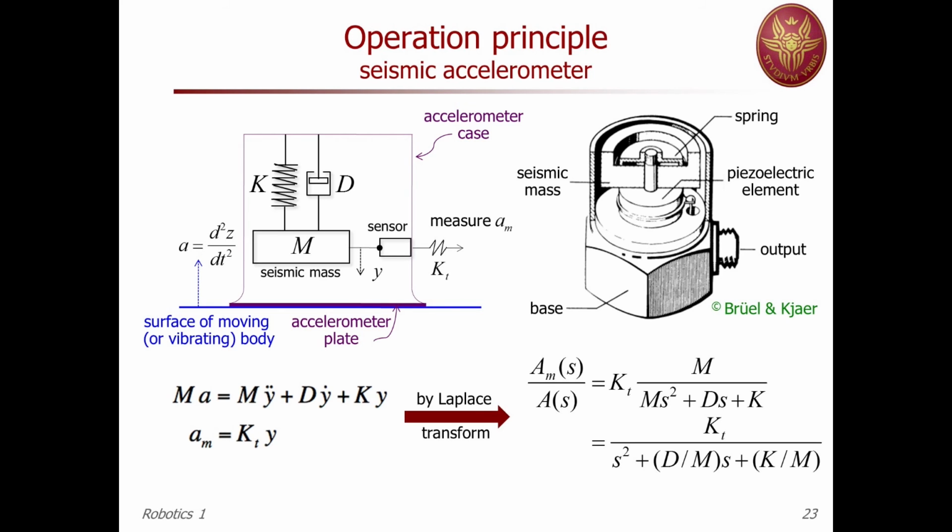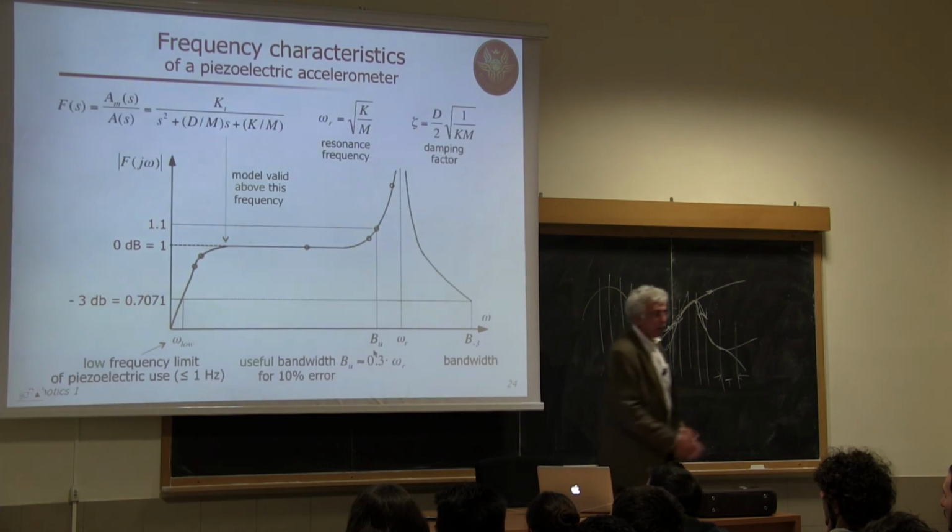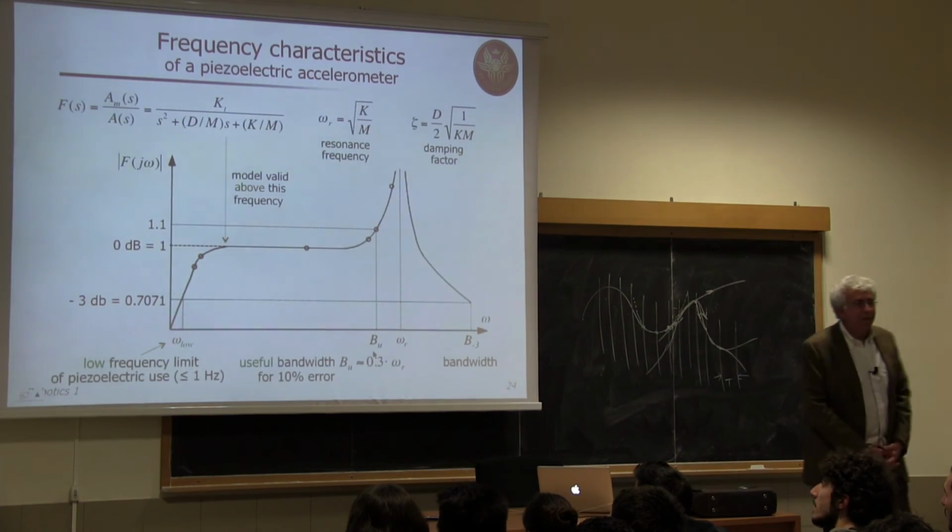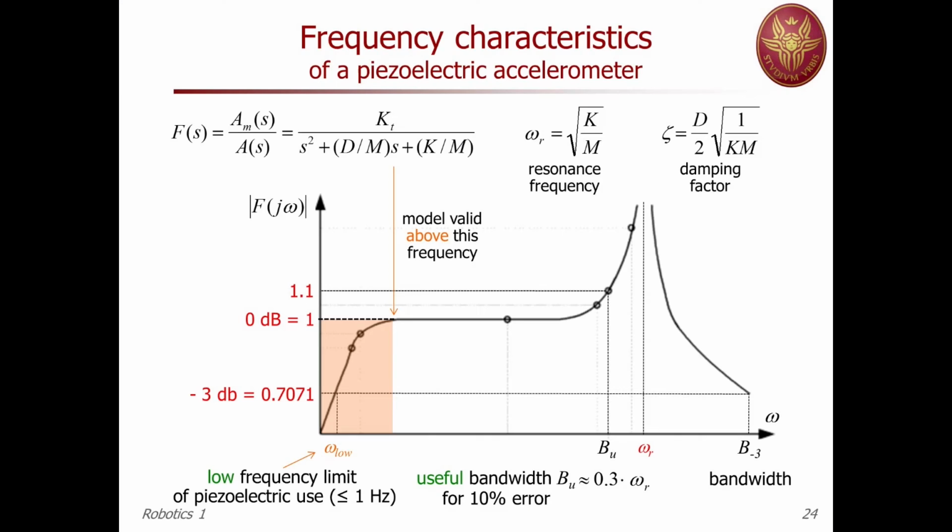And now you can do the standard Bode diagram of this transfer function, which is the transfer function of your measurement device. Nothing strange. And you will see that it's a second order system.